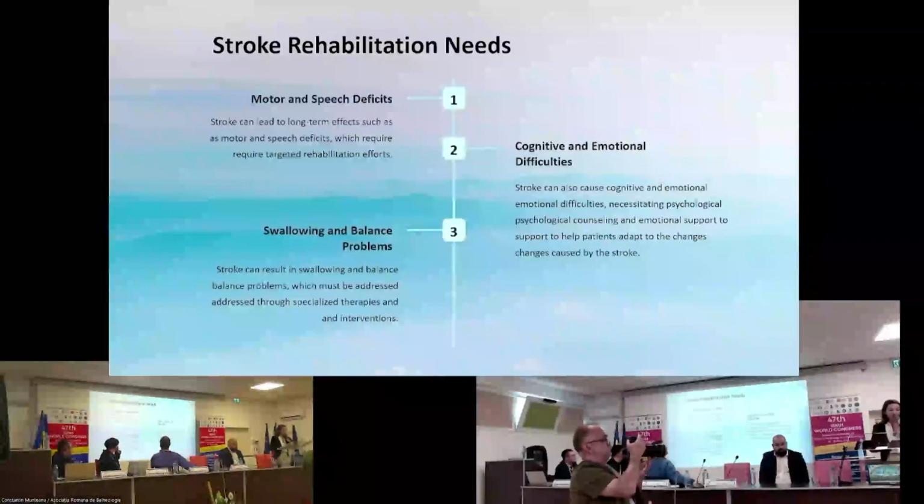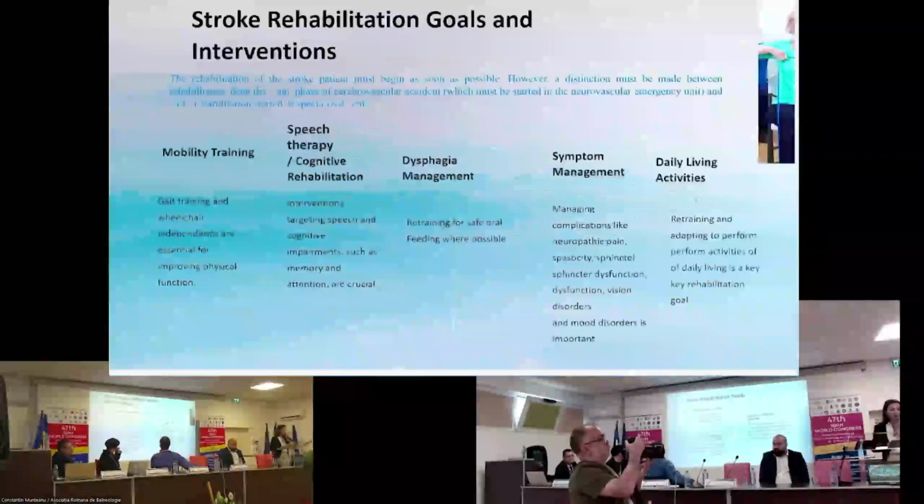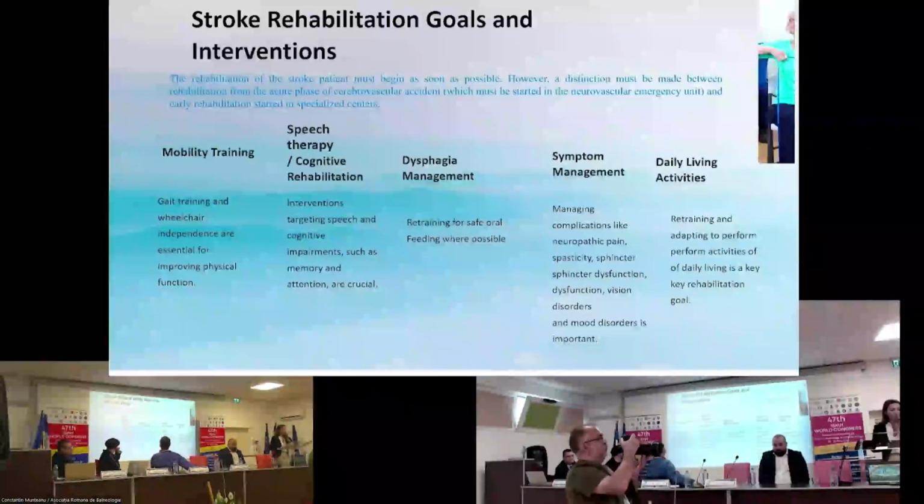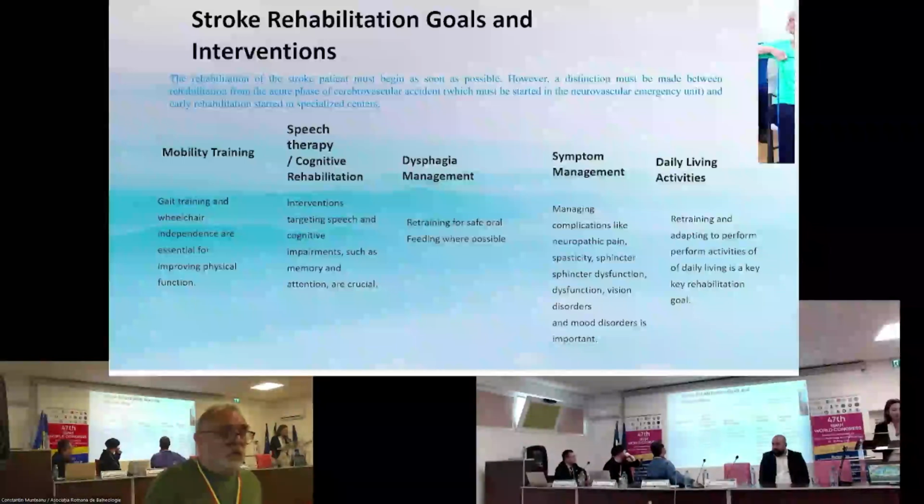The most frequent stroke rehabilitation needs are in motor and speech deficits, in cognitive and emotional difficulties, and in swallowing and balance programs. Rehabilitation must begin as soon as possible. About mobility training, gait training and wheelchair independence are essential for improving physical functions. Interventions targeting speech and cognitive impairments such as memory and attention are crucial.